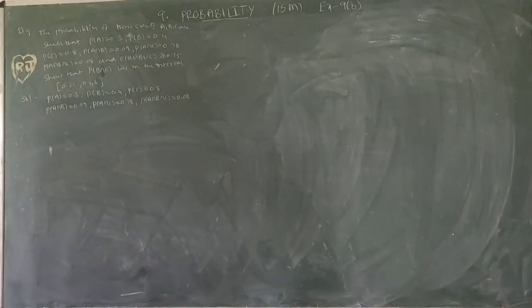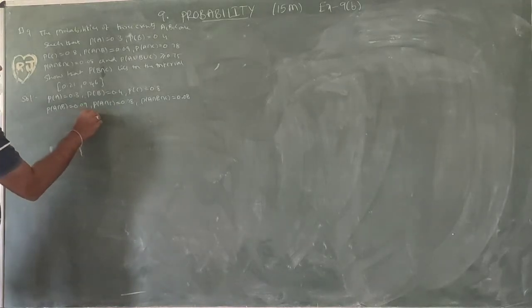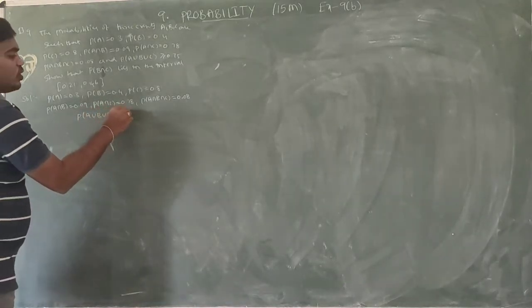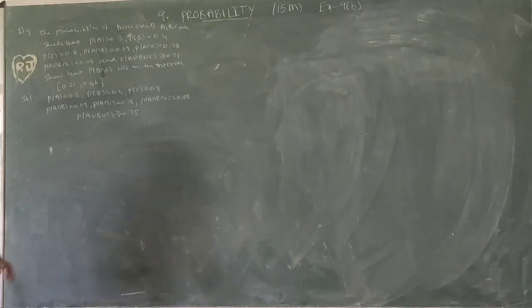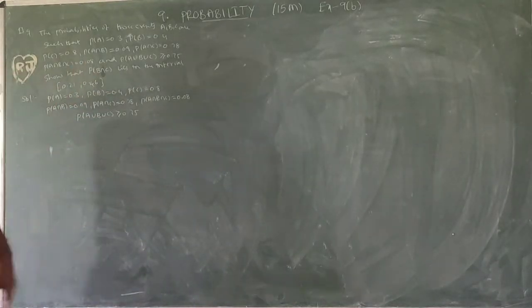Now P(A∪B∪C) is greater than or equal to 0.75. So according to this information, we need to find the bounds.